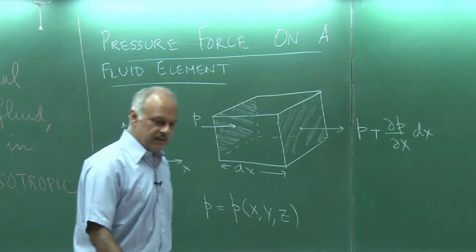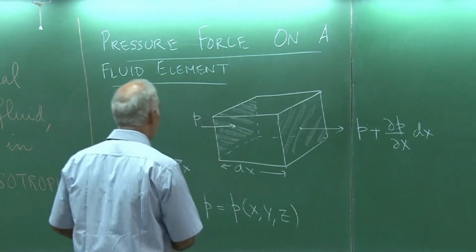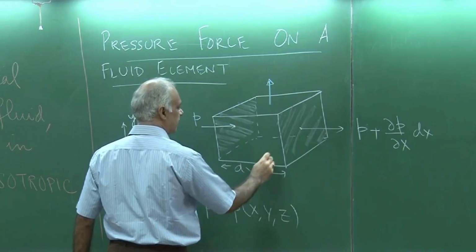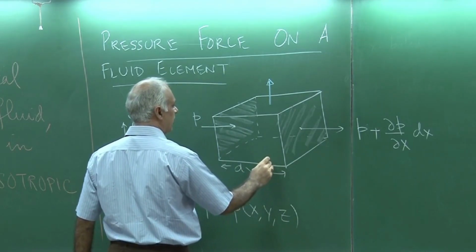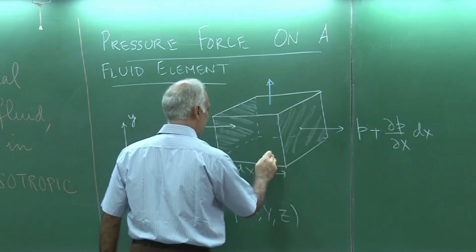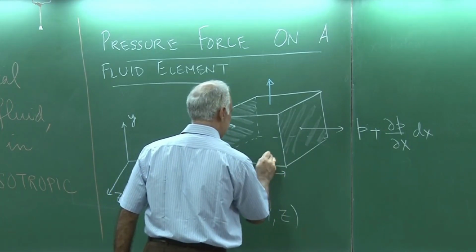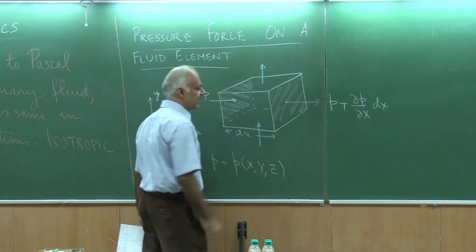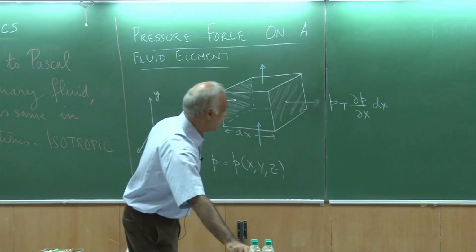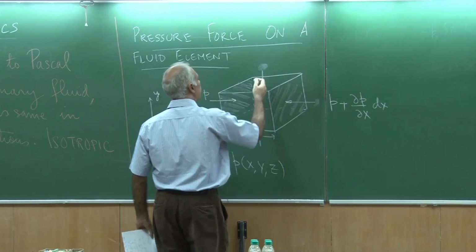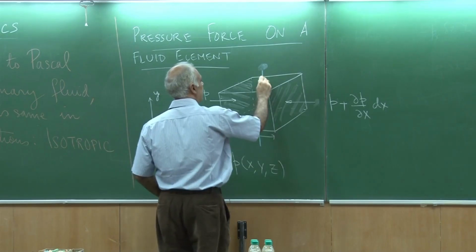Similarly, I could talk about a pressure on this face over here, and I could talk about a pressure on this face. In fact, I have made an error in the direction. As I showed you, pressure is inward, so this pressure should be like this, and I am sorry, this pressure should be inward.